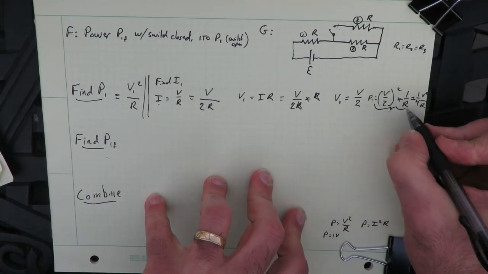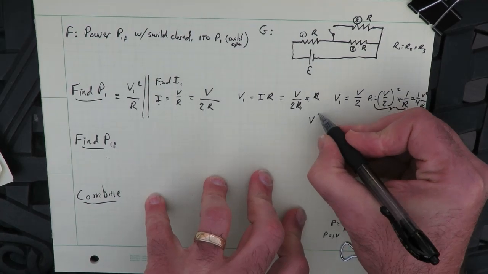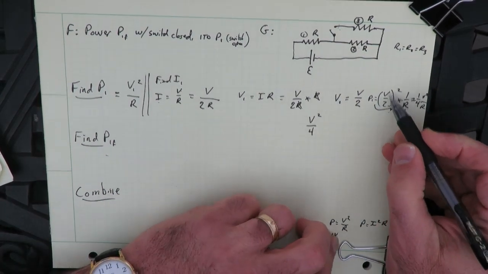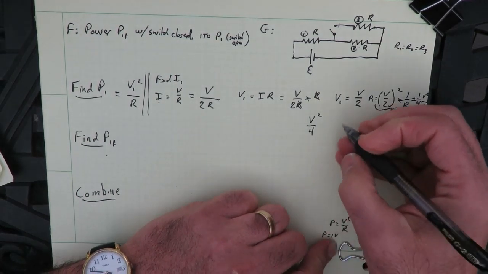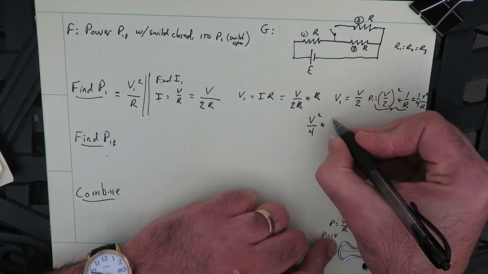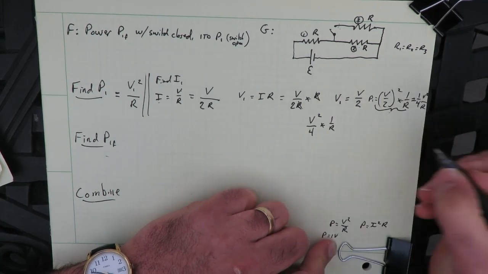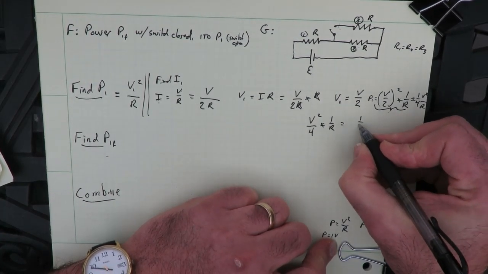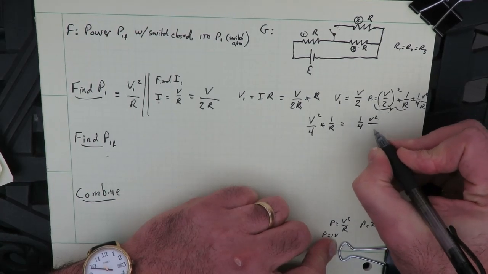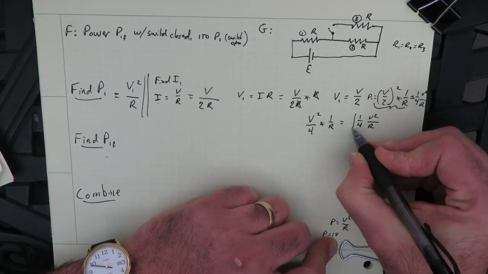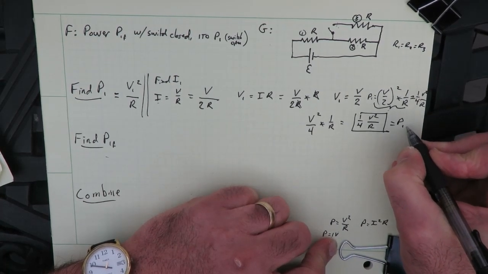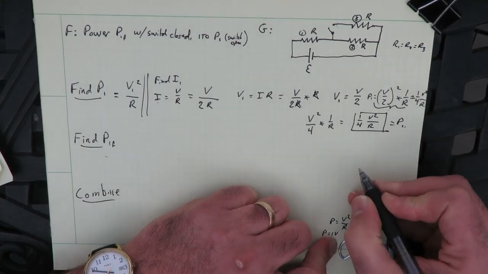Let's do this again. We're going to do V over 2, quantity squared, times 1 over R, and that is equal to 1/4 V squared over R. And that is equal to the power through the first bulb in the initial state.